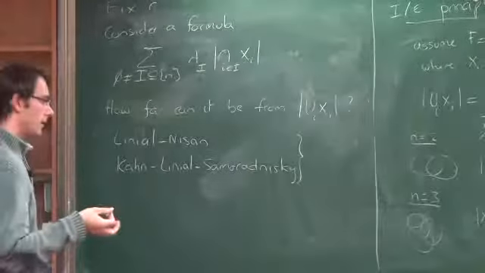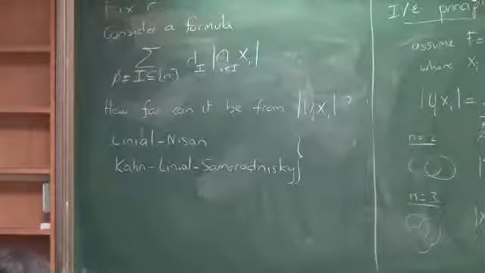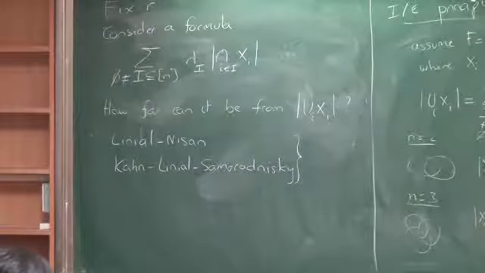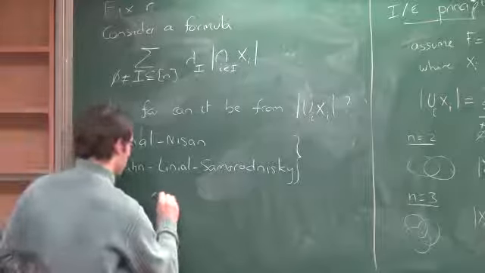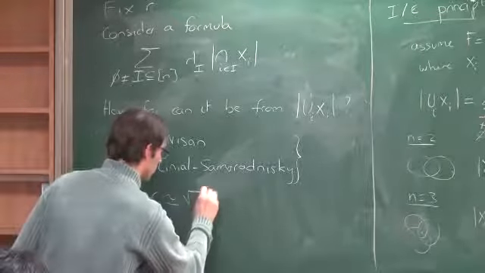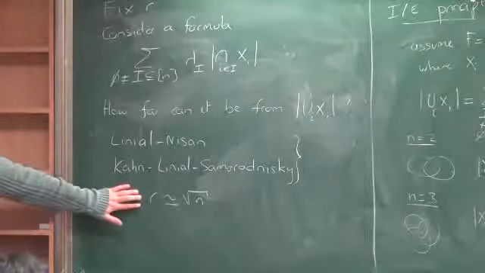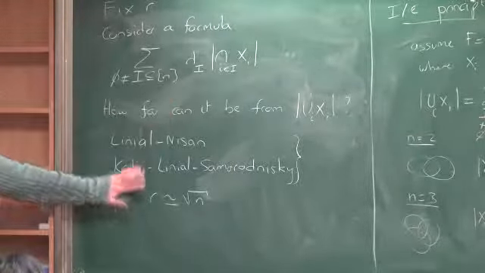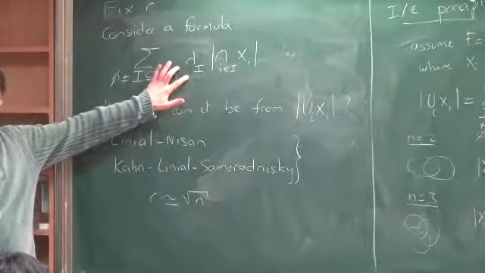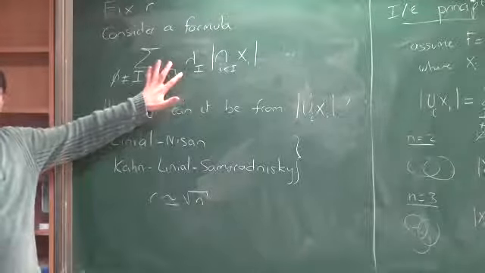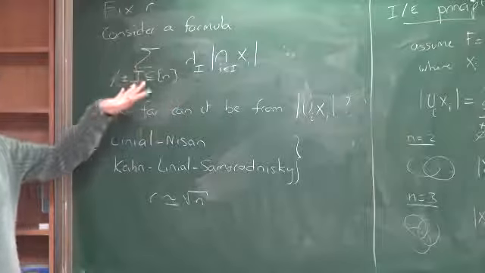What they essentially show is that if you want a reasonable error, you need to have R of order of magnitude root n. If you take something much below that, then no matter which coefficient you choose, there will exist a set system for which this formula will be a bad approximation.